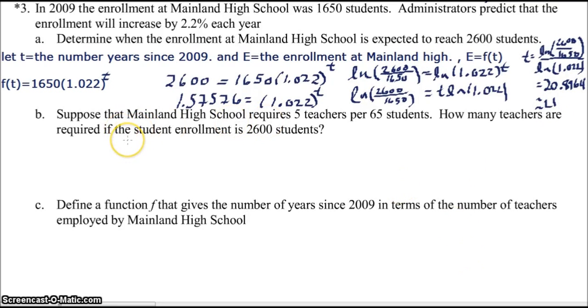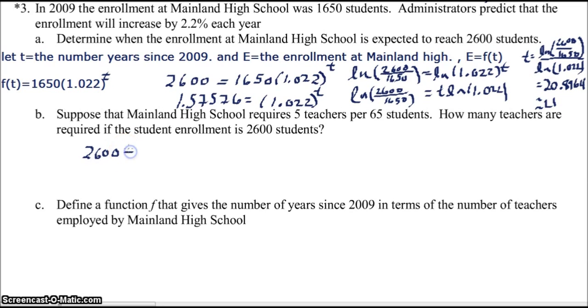Okay, part B. Suppose that Mainland High School requires 5 teachers per 65 students. How many teachers are required if the enrollment is 2,600 students? Let's see, so there are 2,600 students.